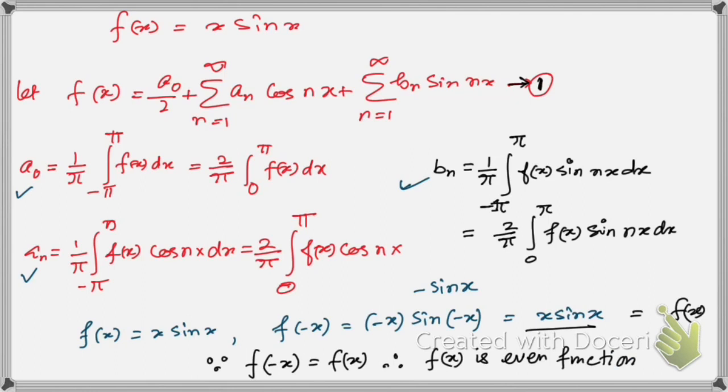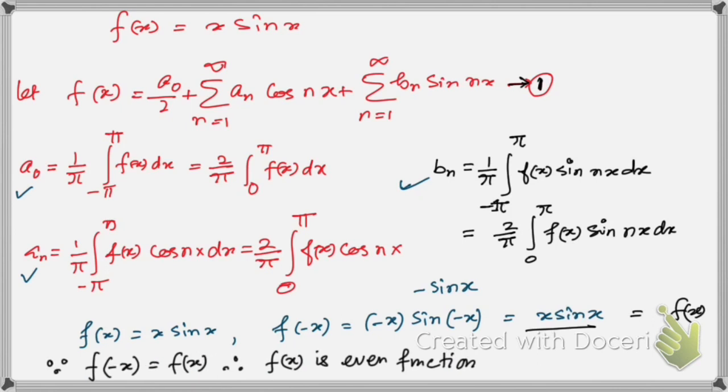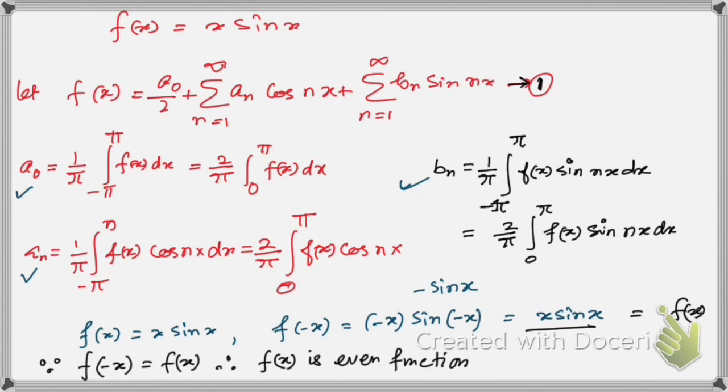And in case of even function, value of bn is 0. Value of bn is equal to 0. Okay, we don't need to evaluate it. So this must be equal to 0. So here we can write, therefore bn must be equal to 0, right?